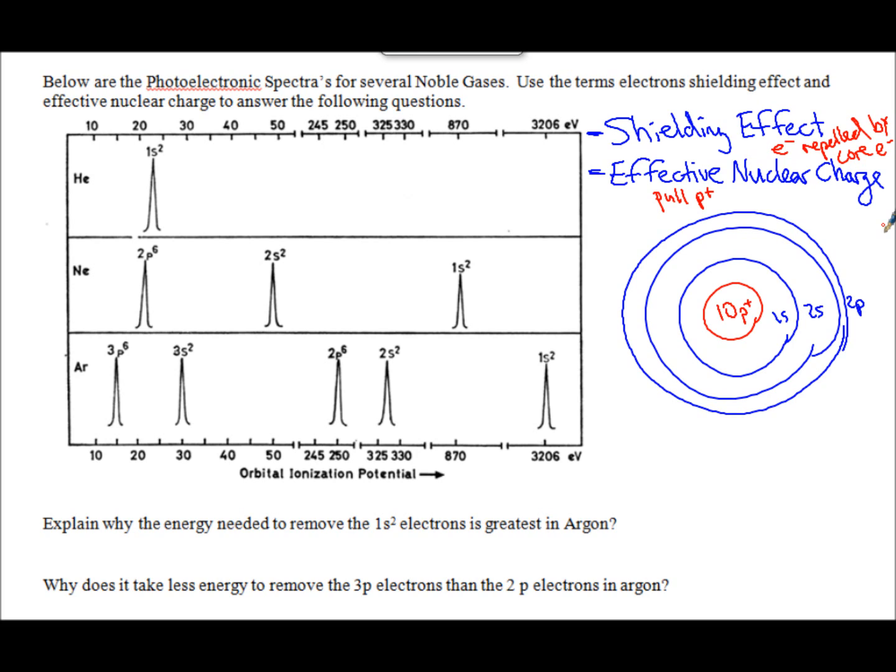So the 2p is being shielded by the 2s and the 1s because those energy levels are between the 2p and the nucleus, which my nucleus is gigantic in this atom for some reason. So it's being shielded and pushed away by the shielding effect of those inner electrons, where the nucleus is pulling it in.